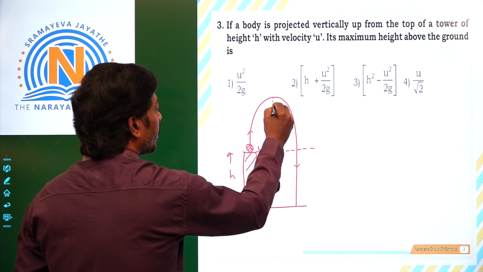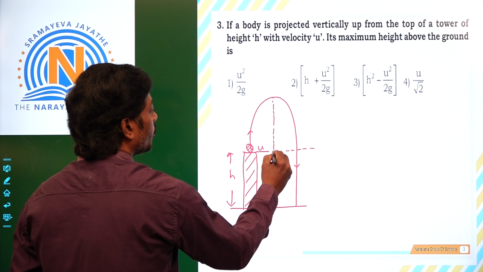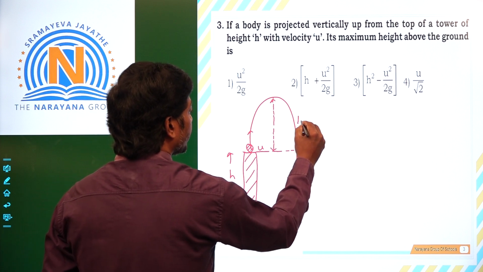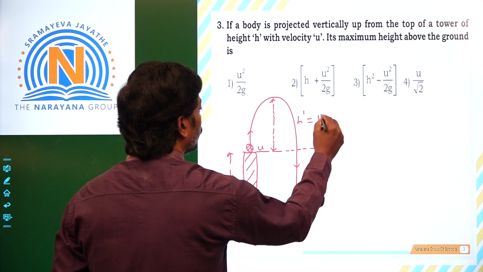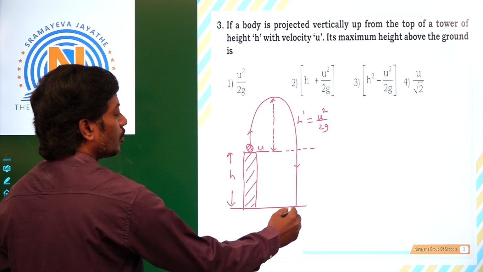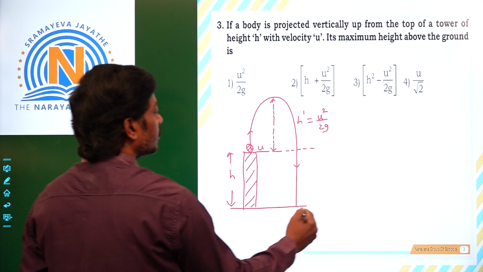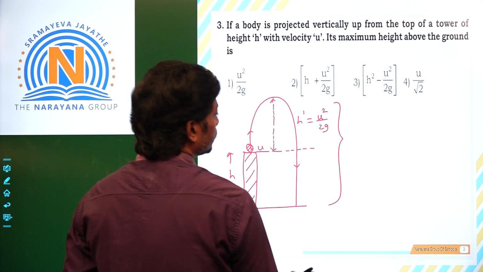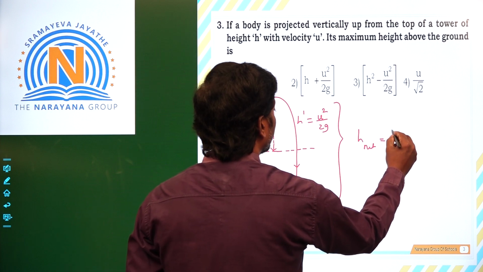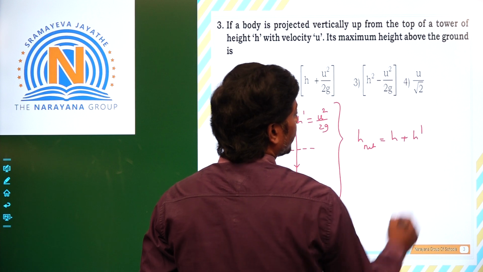The maximum height reached by the body from the point of projection, as you know, let us take it as h dash is equal to u square by 2g. And from the ground, if you want to find the total height, the net height is equal to h plus h dash.